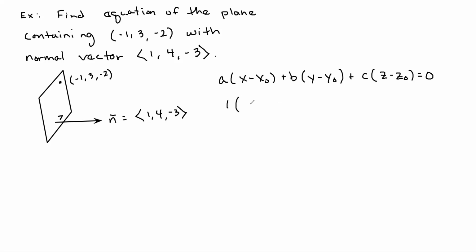So we're going to have 1 times (x minus -1), well, it's going to be x plus 1. And then b is going to be 4, and we'll get 4 times (y minus 3). And then c is going to be -3, and we'll have -3 times (z minus -2), that's going to be z plus 2, equals 0. And that's it, and you're done.